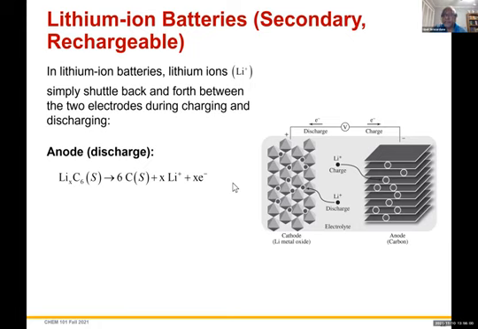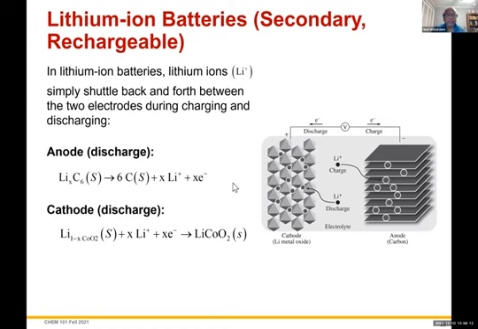The electrolyte is the one separating the two electrodes. They pass into the metal oxide. The cathode is lithium combining with metal oxide, cobalt oxide. Lithium metal oxide is lithium cobalt oxide. So that way, lithium ions are passing through discharging and charging cycles.